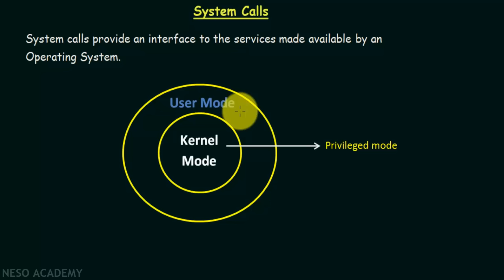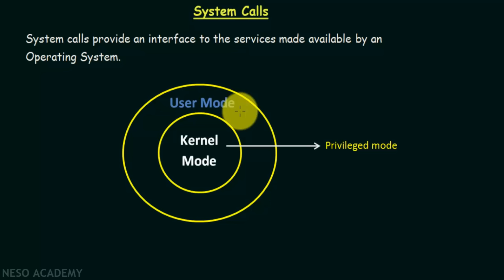So when the program needs access to these resources, it makes a call to the operating system telling it that I need access to certain resources. And when it makes that call, for an instant, the program is switched from user mode to kernel mode so that it can use those resources. So there is a switching that is happening.